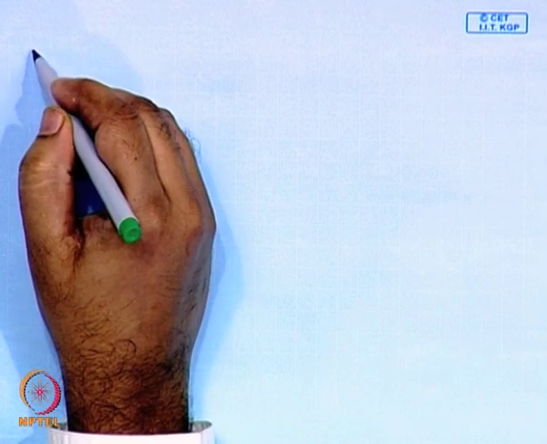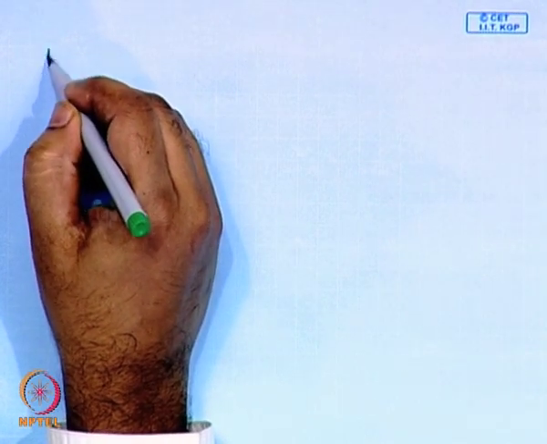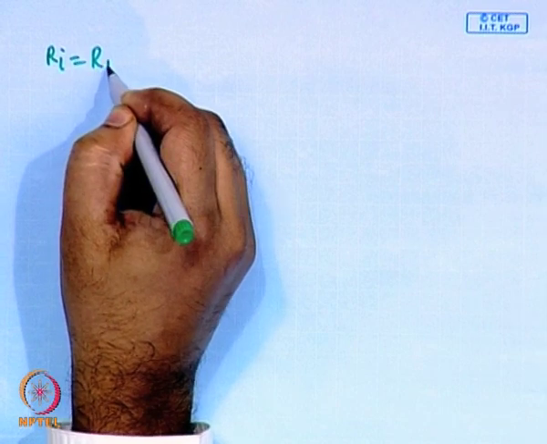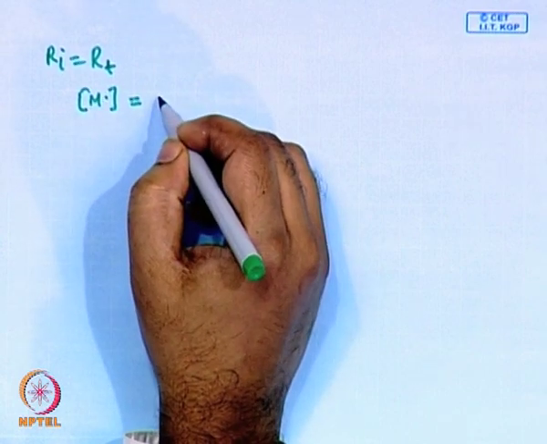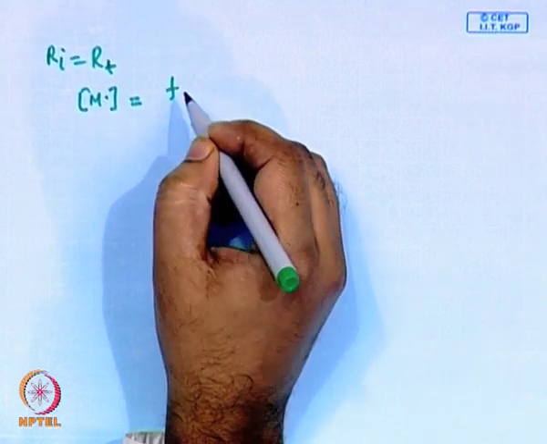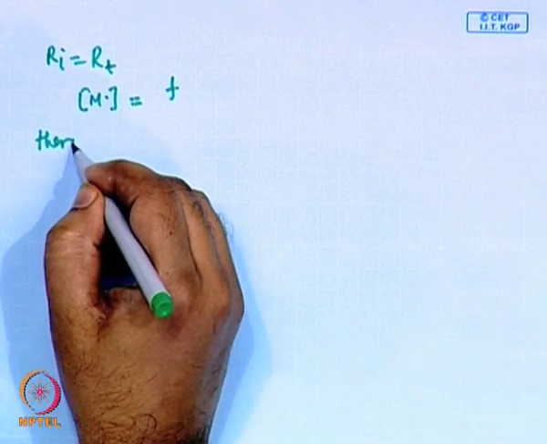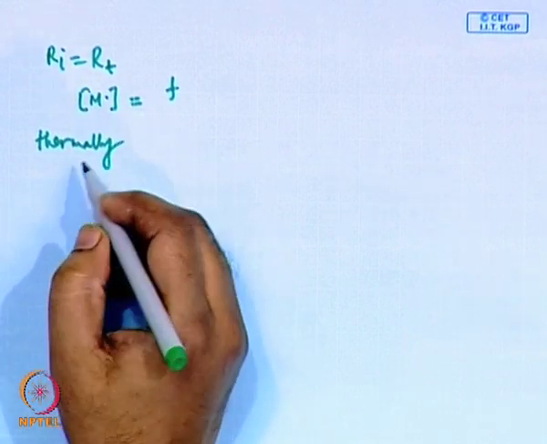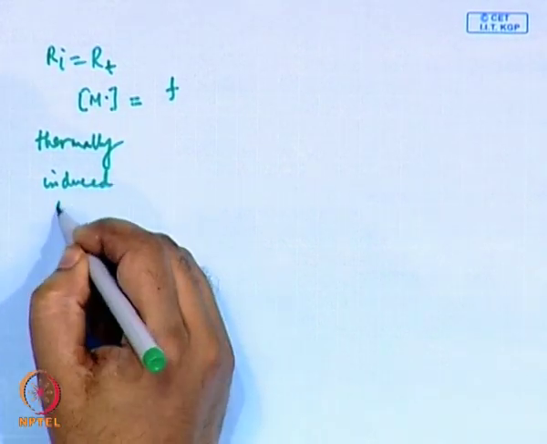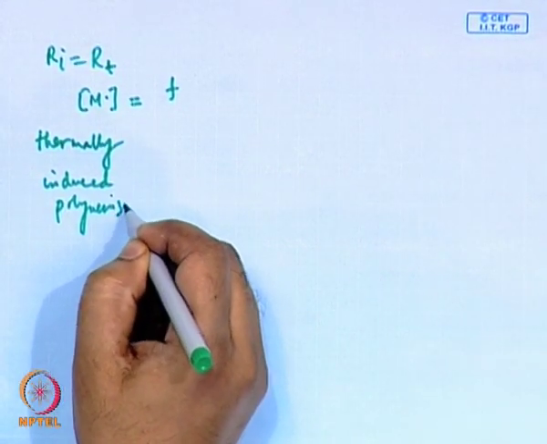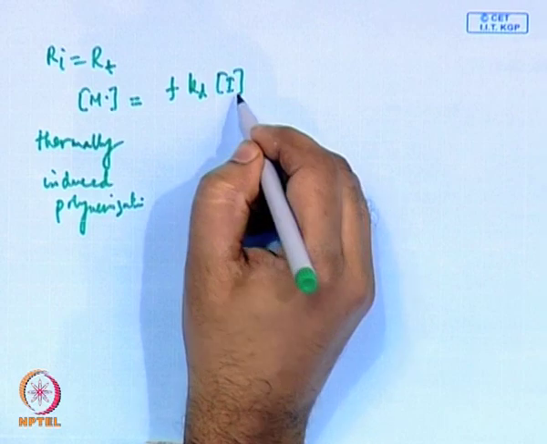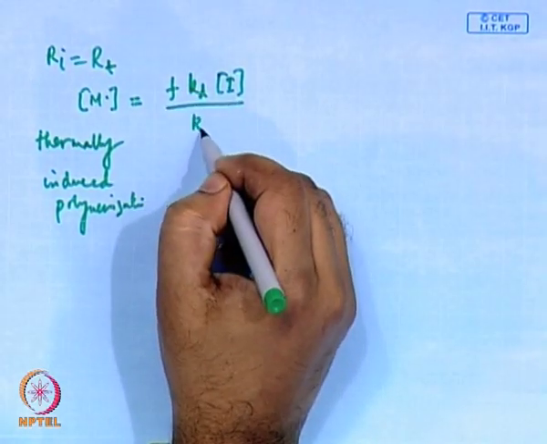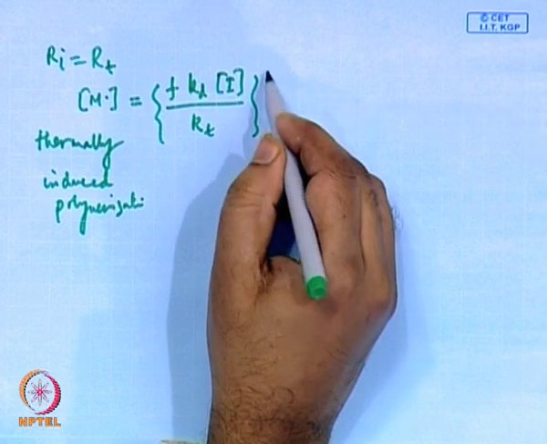Now, we know from the steady state condition where Ri is Rt, in the last lecture we found that the value of M dot in the case of a thermally induced polymerization is given by f kd I by kt to the power half.